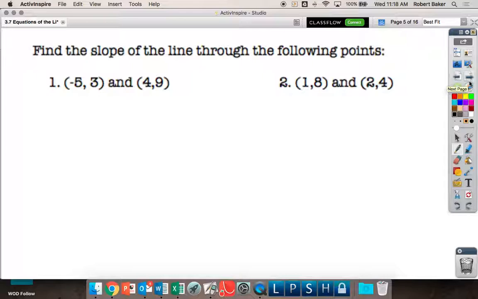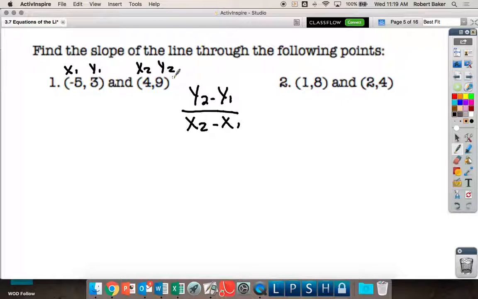So we'll use what Miles said, y2 minus y1 over x2 minus x1. I have to, as an adult, always go back and write x1, y1, x2, y2, because sometimes I get confused.